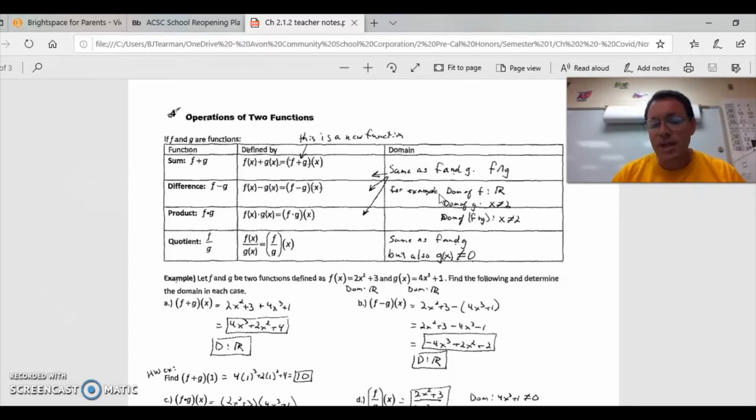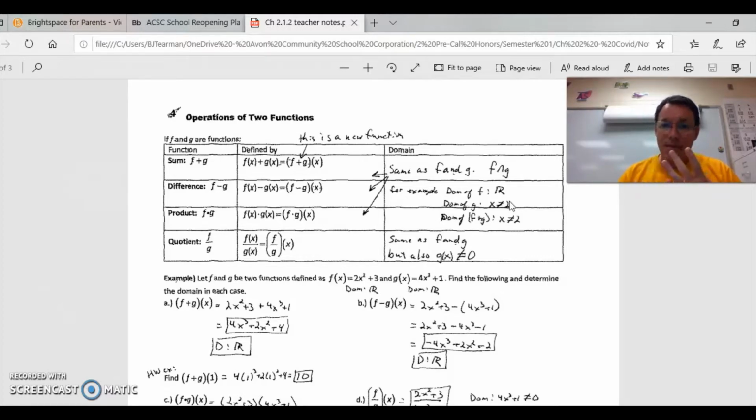So for example, if I've got function f is all real numbers, no fractions, no radicals, no nothing. It's all real numbers. But then function g has a domain restriction, so like x cannot equal 2. Well, this new function that you're going to make is going to put those 2 together. So it's also going to have the restriction of x cannot equal 2. It's always going to happen. So that happens when you add, subtract, or multiply.